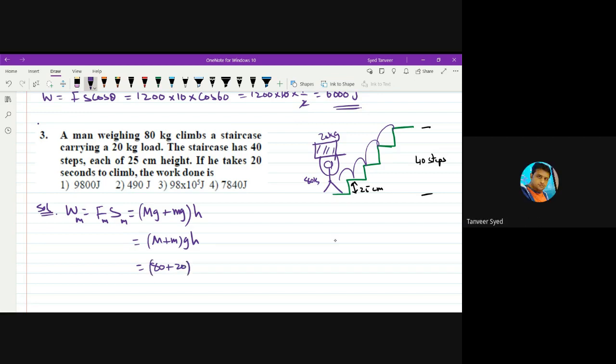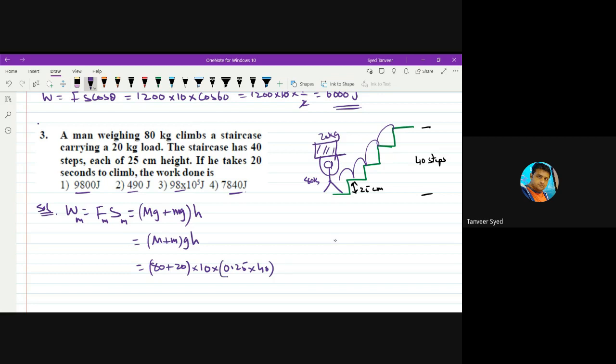Into 9.8. I should take 9.8 because by looking at the options, they are not round figures. Or even if you take 10, you'll get the nearest value. You can do that to reduce calculations. I'll take 10. We are taking g common, into 10, into height. Height is the height of each step, which is 0.25 meter into 40 steps.